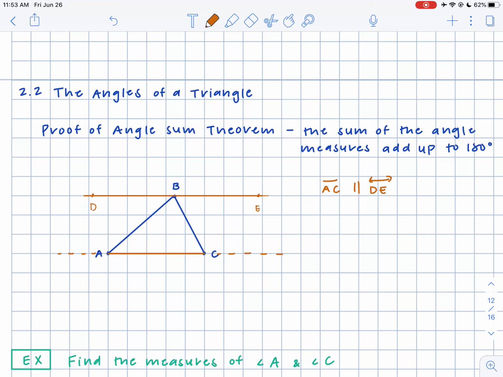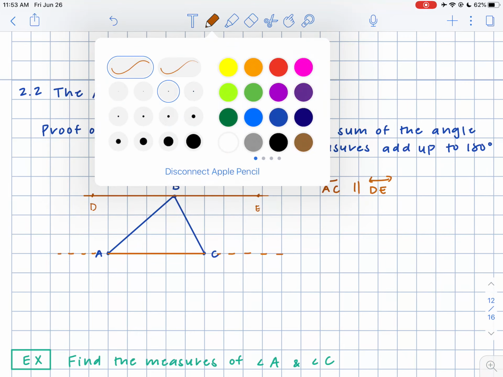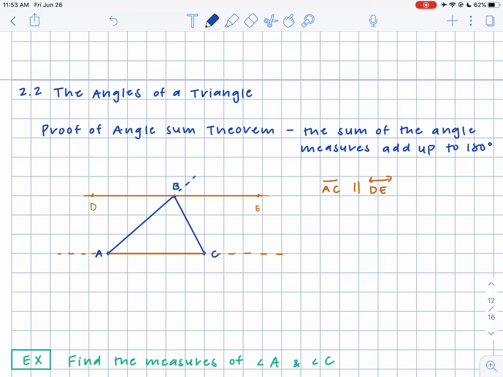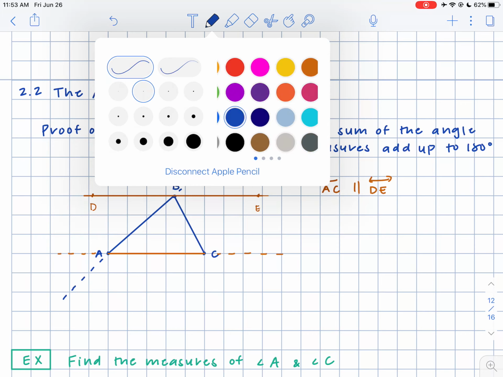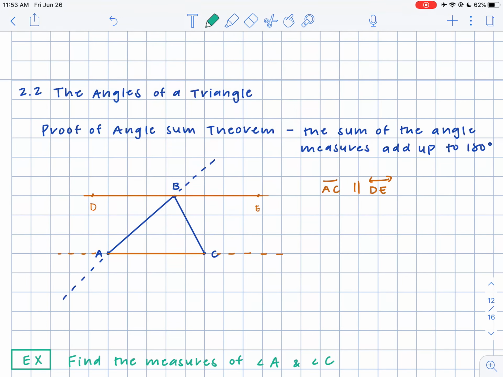What else do we notice? Well, you can see that segment AB, if it continues on, is actually a transversal, right? And we already learned about transversals and the special pairs of angles that it can create. Remember we talked about alternate interior angles.